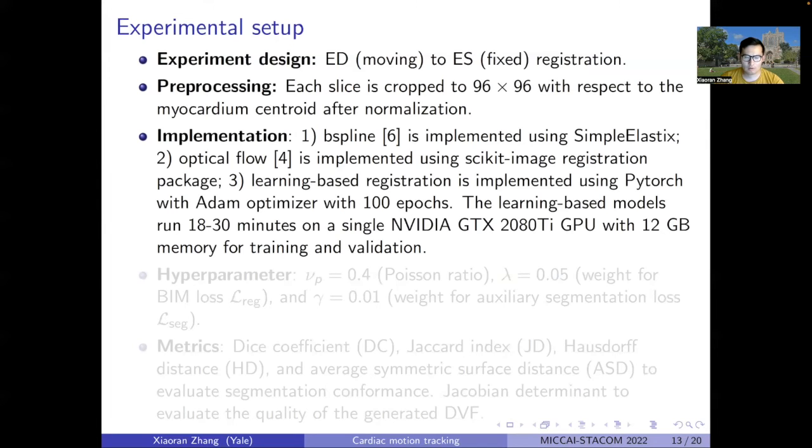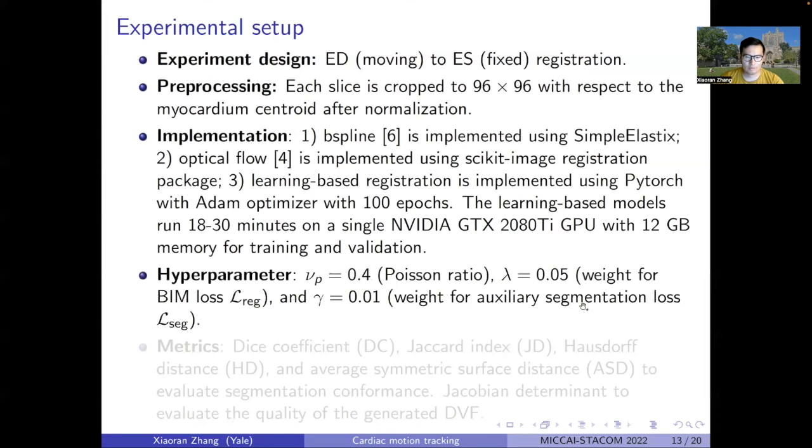The learning-based models run 18 to 30 minutes on a single NVIDIA GTX 2080 Ti GPU with 12 GB memory for training and validation. We choose sigma equals 0.4, lambda equals 0.05, and gamma equals 0.01 for auxiliary segmentation loss in our proposed methods after optimizing hyperparameters.